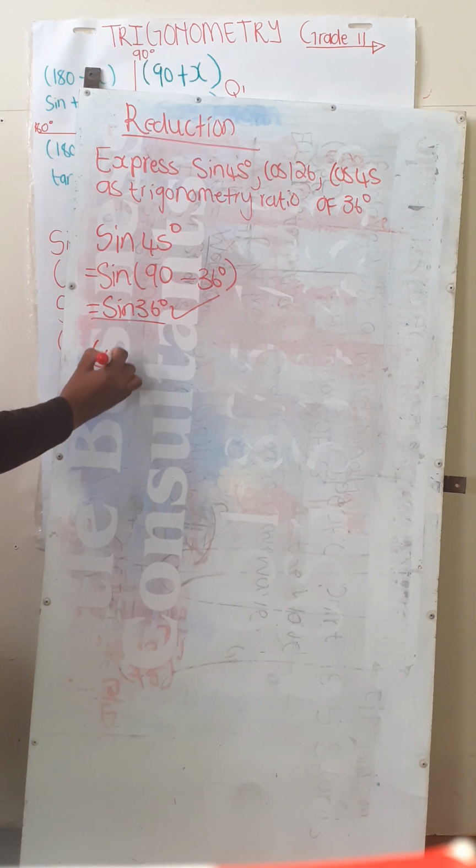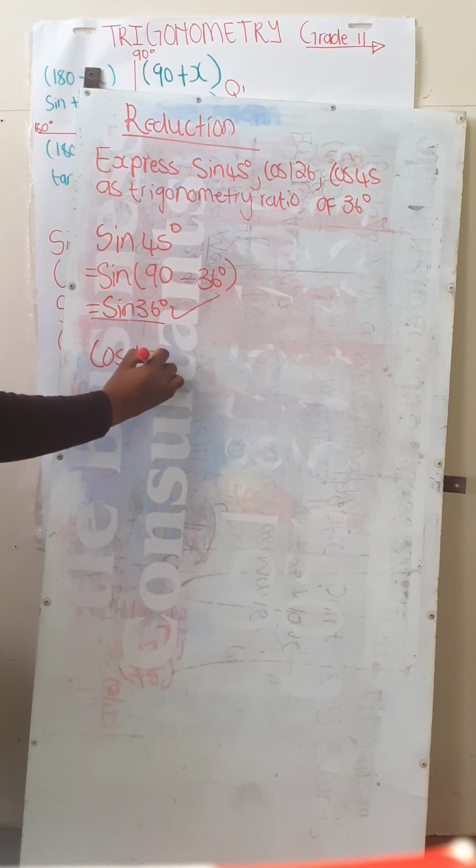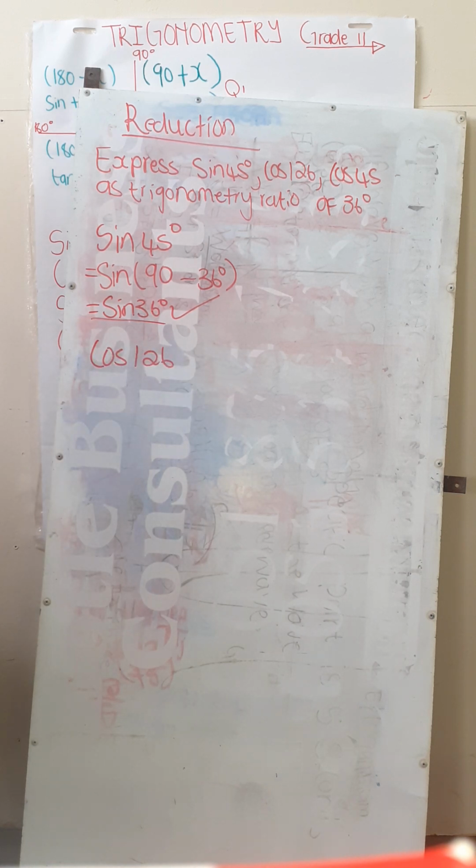We have cos 126, and we have to write this as a ratio of 36. So we have to check 90. Let's take 90 this time, because this is bigger than 90. So we have to have 90 plus, not 90 minus.